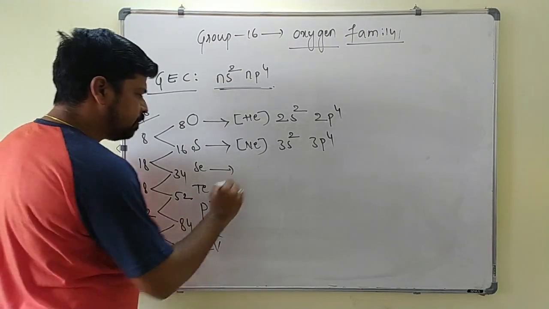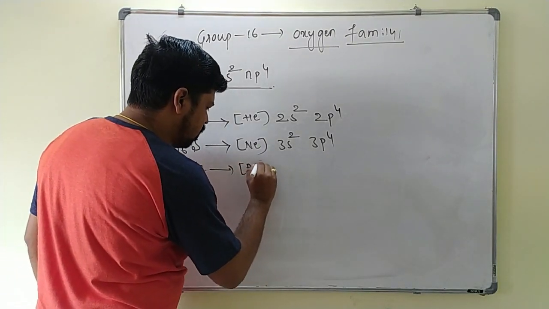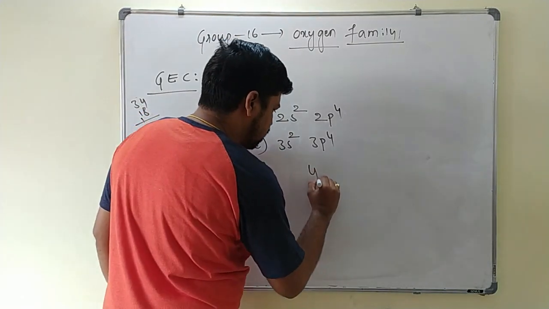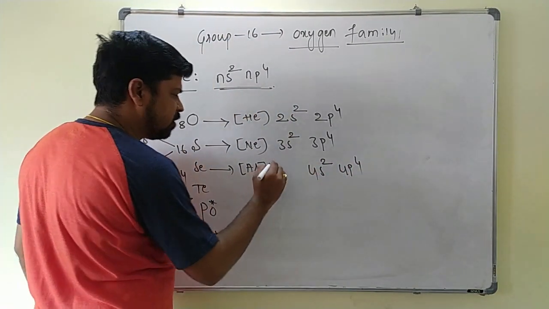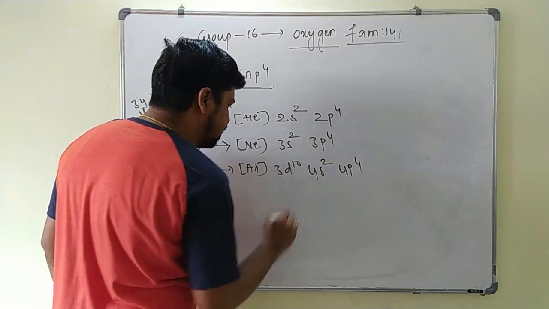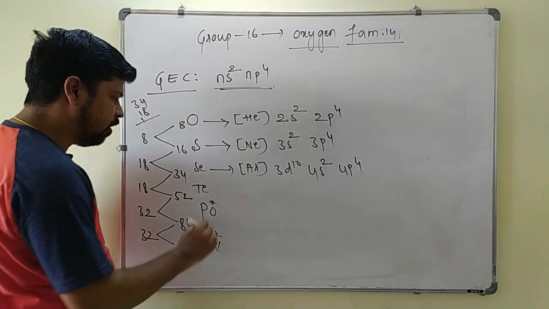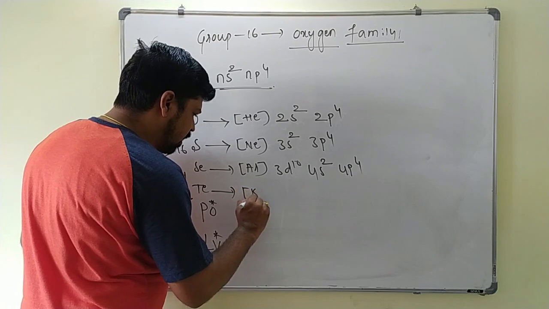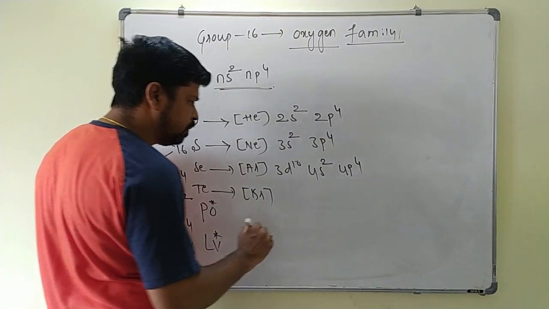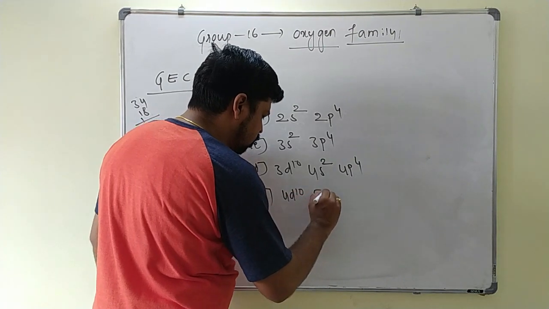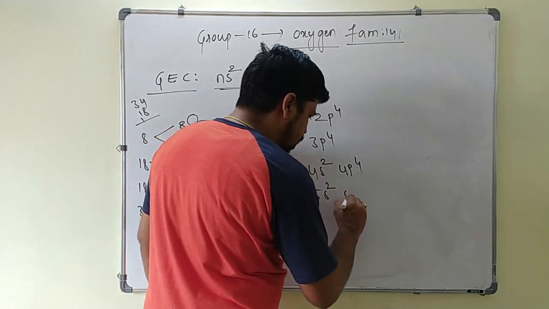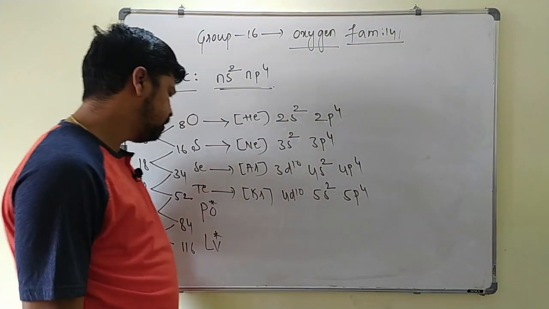Next selenium, this is argon, here 4s2 4p4. Before 4p, 3d orbitals are filled here. Same thing, you have to write argon. After that you have to write krypton. After 3d you have to write 4d10, this is 5s2 and this is 5p4.